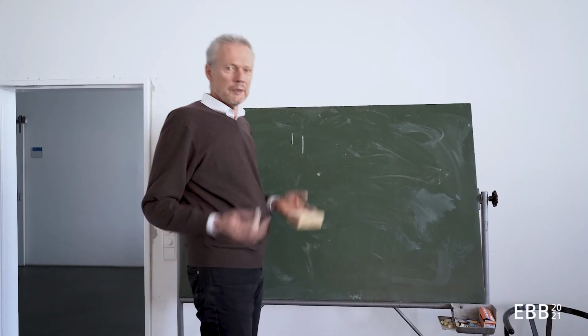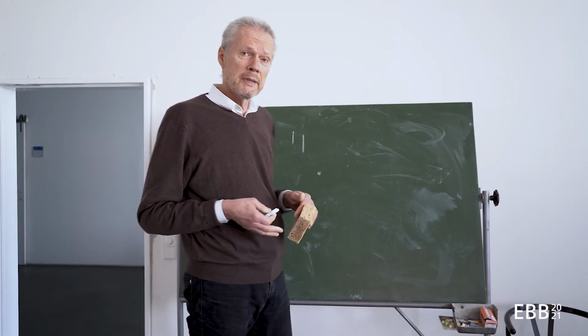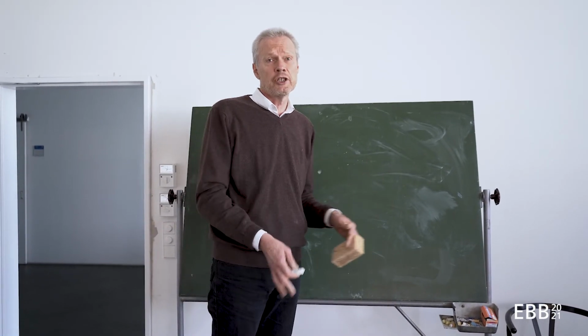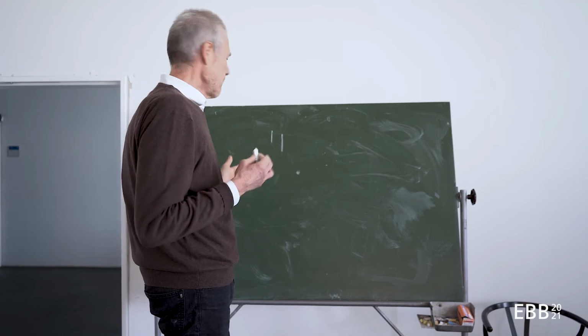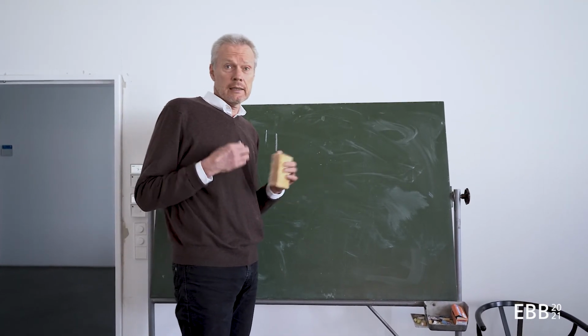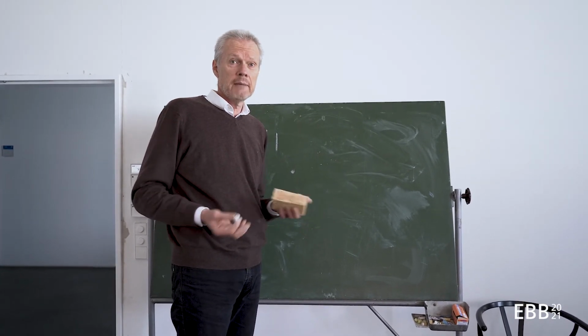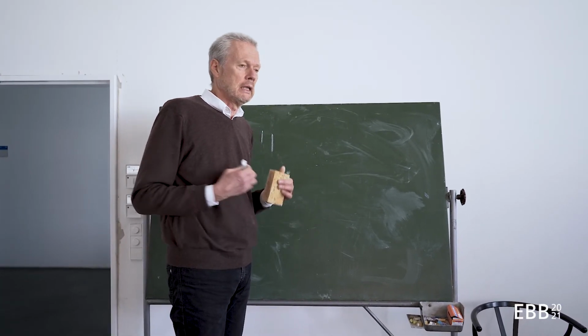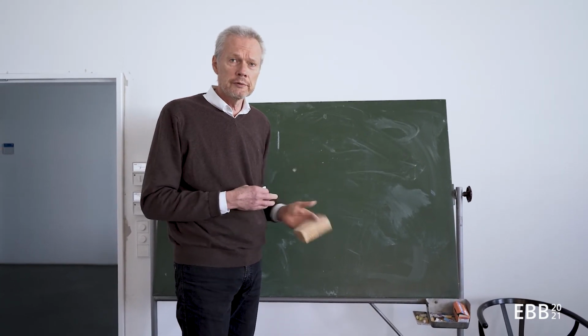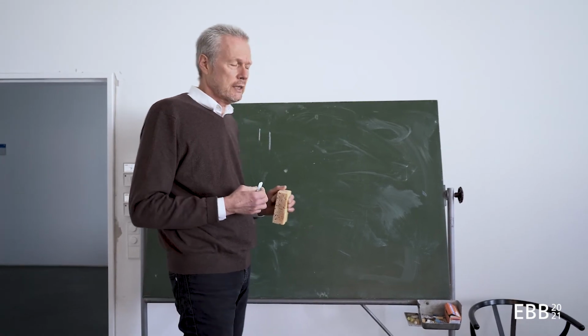So up to now we've just been speaking about load transmission, and there might be other criteria, like insulation can be an important factor, and waterproofing might also be an important factor.